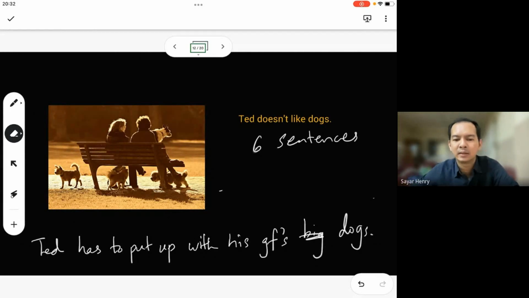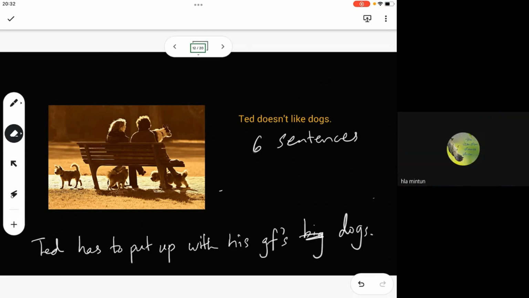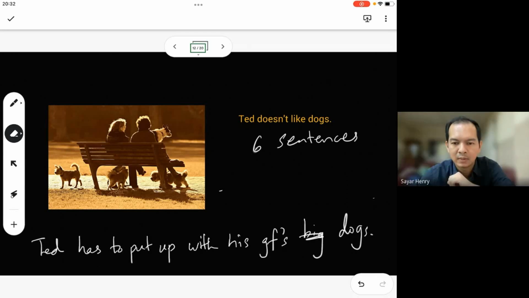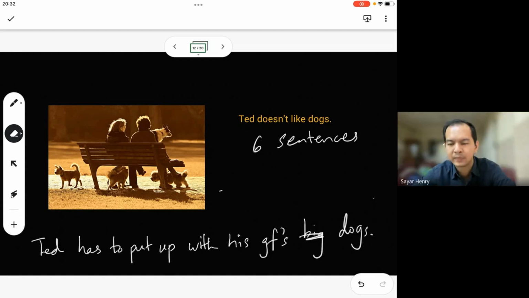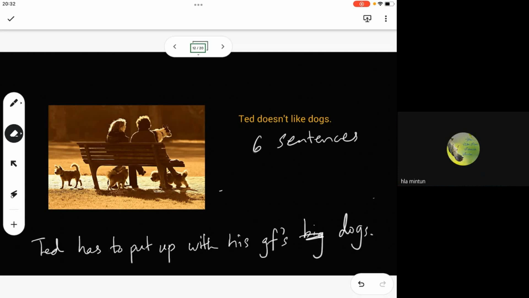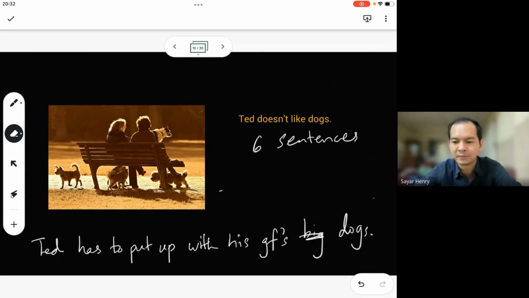But he hates dogs because he doesn't like to clean and treat them regularly every day. He doesn't want to stay with pets and other animals.